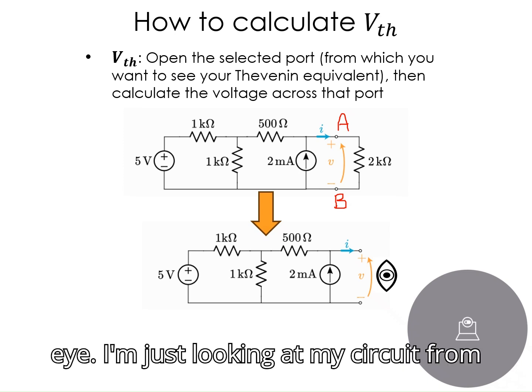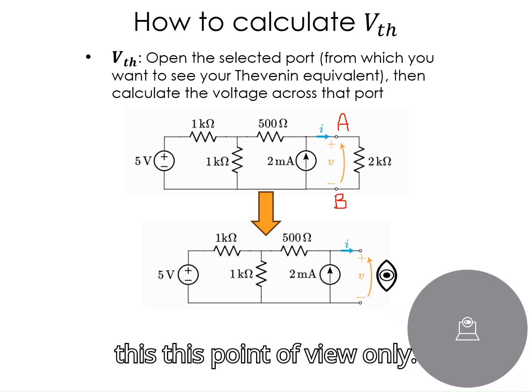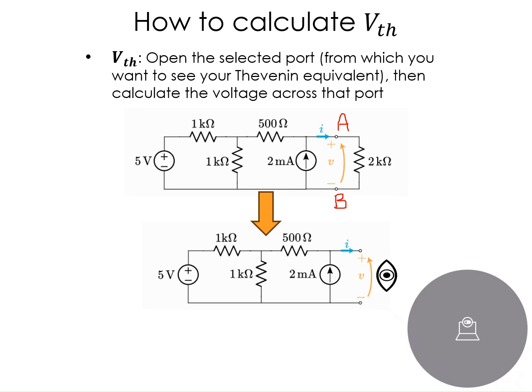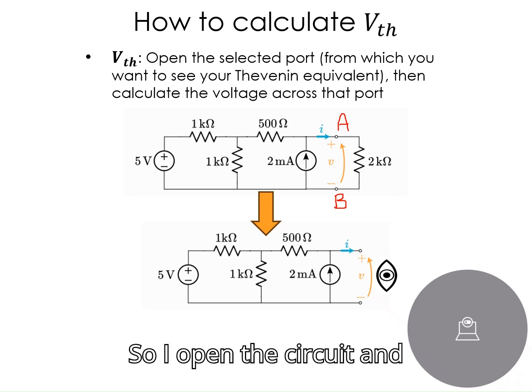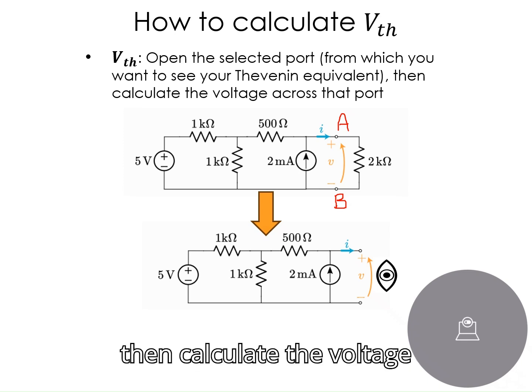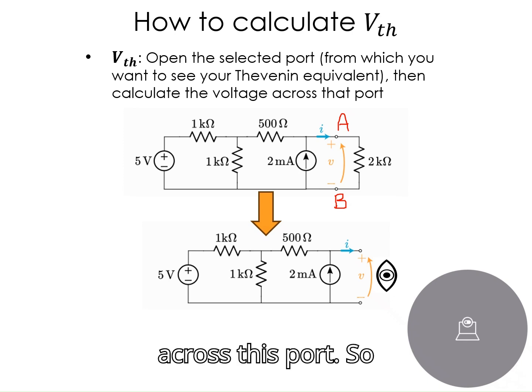I'm just looking at my circuit from this point of view only. So I open the circuit and then calculate the voltage across this port. It's shown here, the same port.